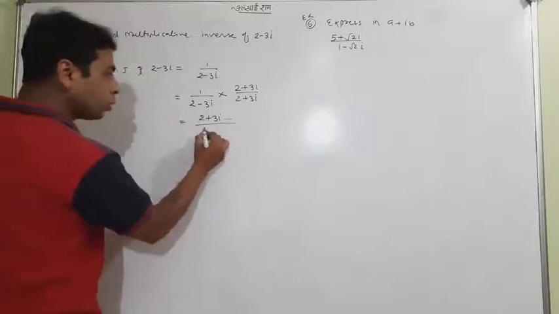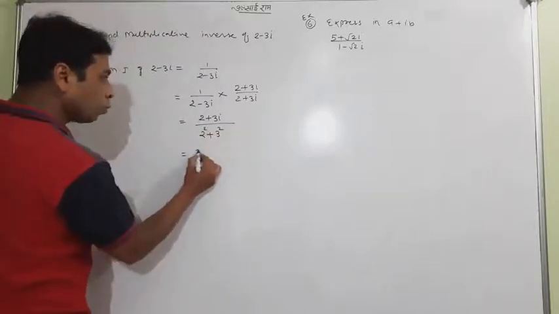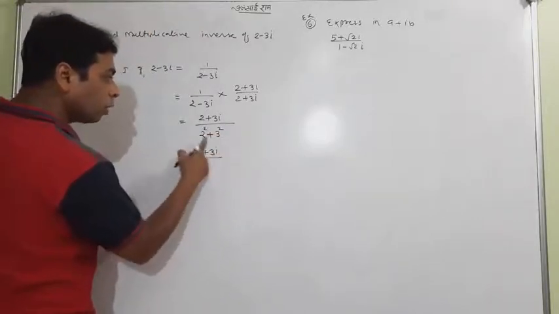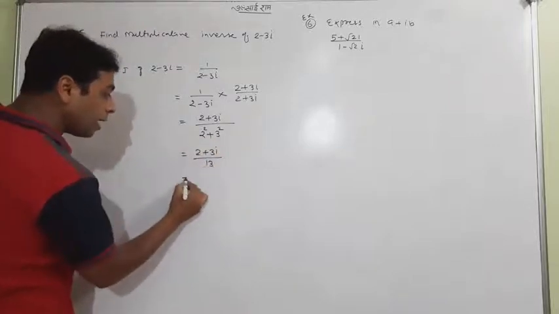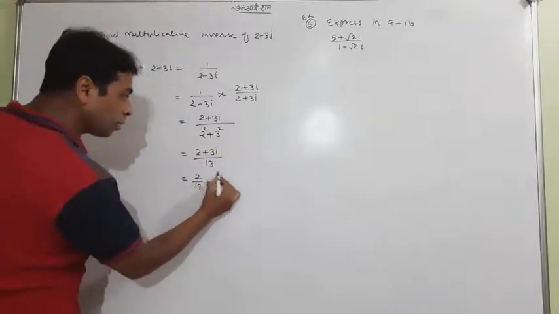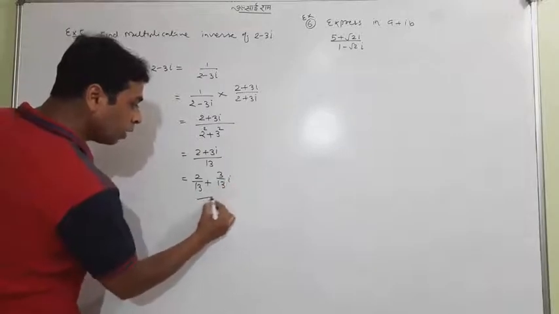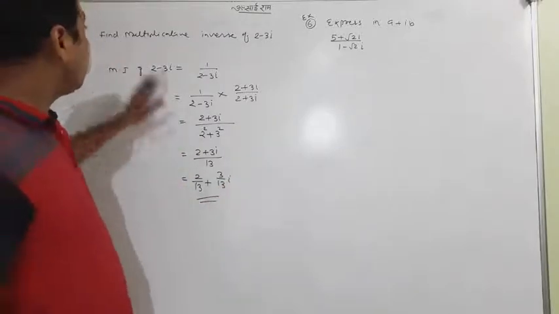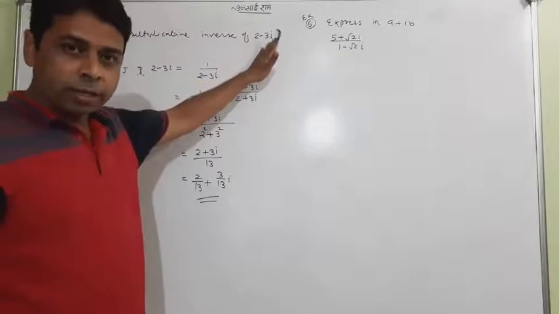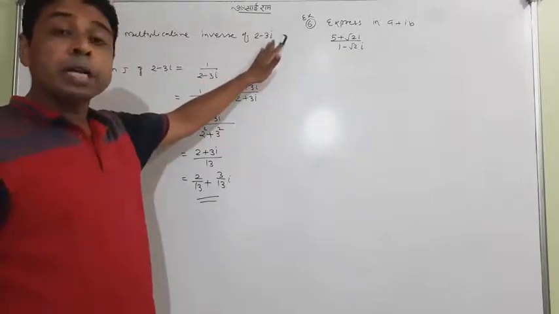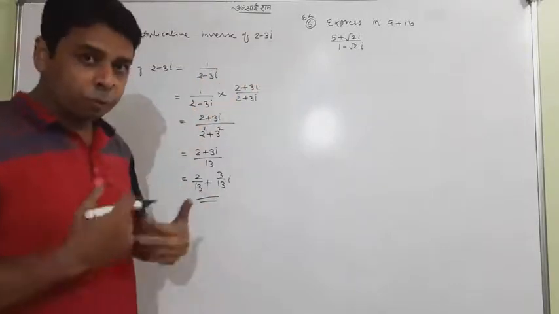What is a square? 2 square. What is b square? 3 square. Overall you got 4 plus 9, 13. And you just do separation. That separation is very important, student. Whatever the answer is, it is the multiplicative inverse of 2 minus 3i. So please remember, the multiplicative inverse means just the reciprocal of the number.